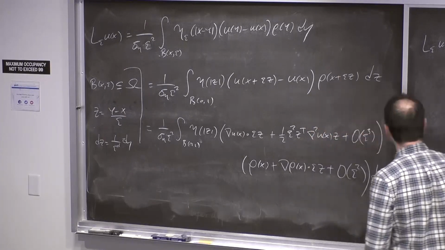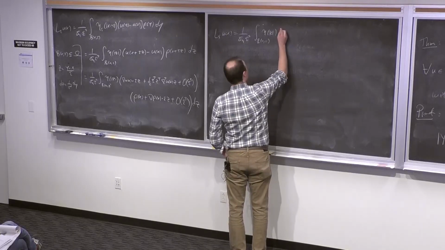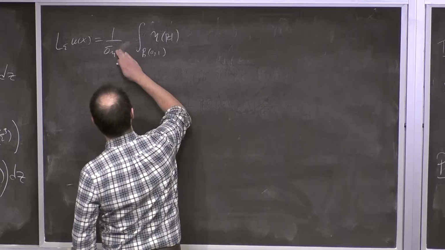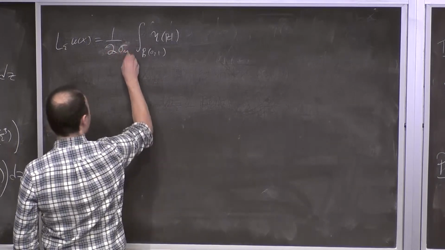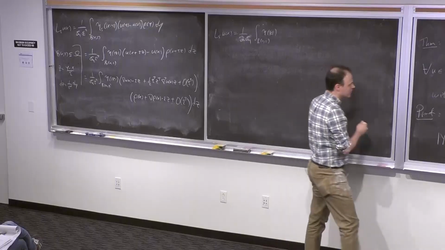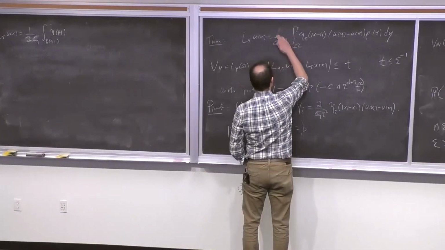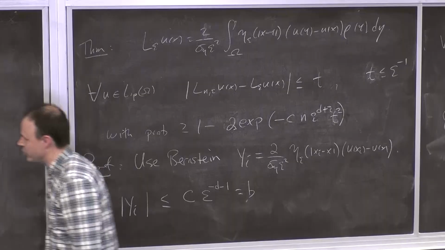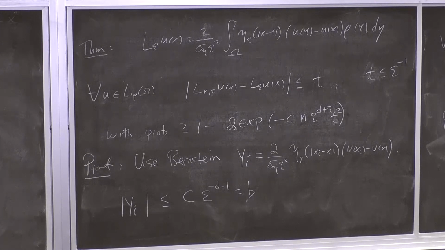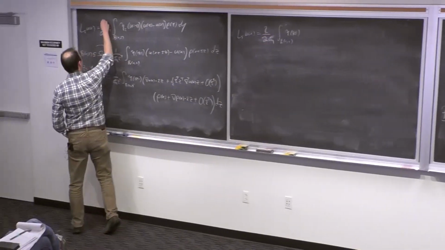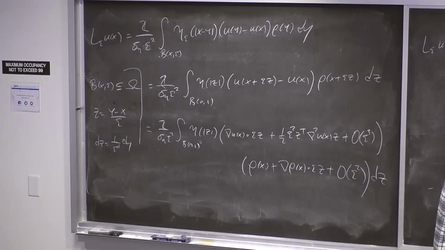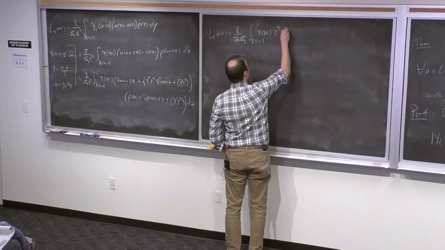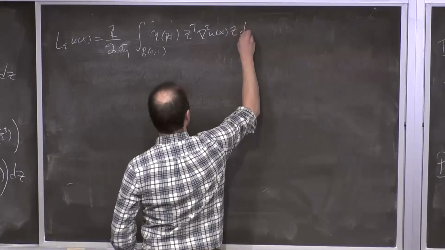It's going to be a half. The epsilon squareds will cancel. Did I forget to put the 2? Yeah, in here I had a 2, and here I didn't. So really I had a 2 here all along, and it was there to cancel the 2 sitting here. So anyways, 2, 2, and 2. So you get z transpose Hessian of u z.